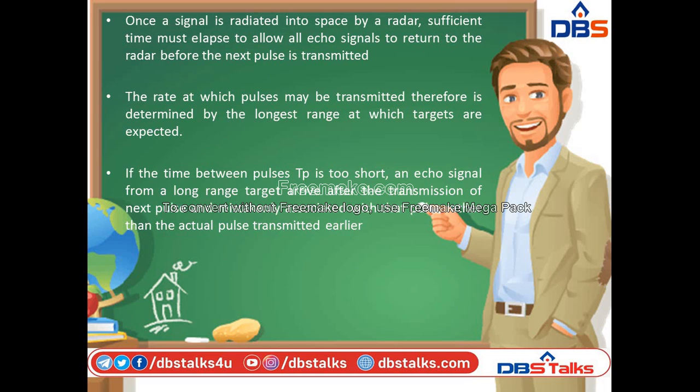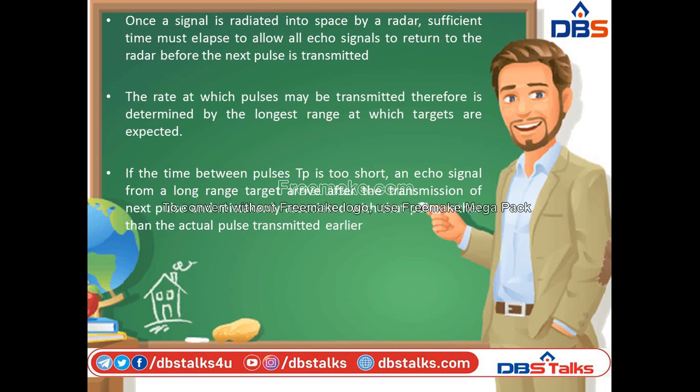See the next one. The rate at which the pulses may be transmitted is determined by the longest range at which targets are expected. Suppose the target is at 2 kilometers; we have to send a signal that will reach up to 3 kilometers. That means we need to extend it, since we cannot identify whether it will be proper or improper.